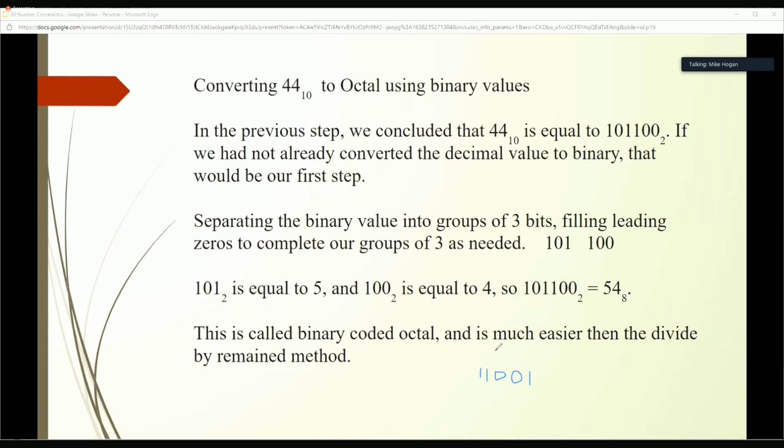That's where I'm going to start. There's my first 3, my next 3. It could be a larger number, more than just 5 or 6 digits. But I'm going to separate here, and then treat each one of these as 3 bits, converting those to octal. So what would that be in octal?